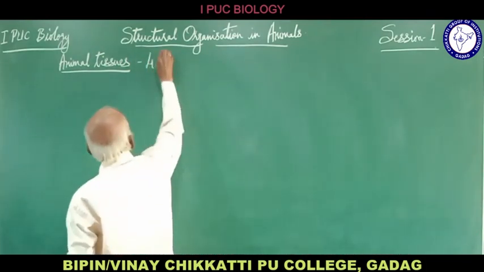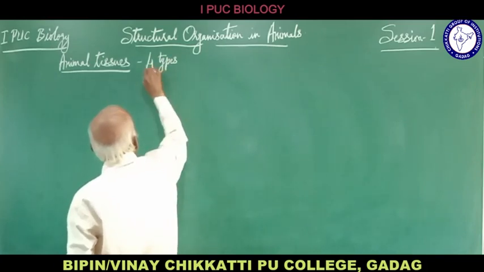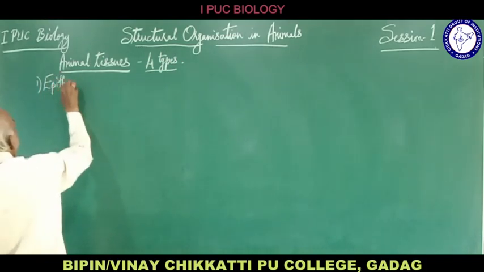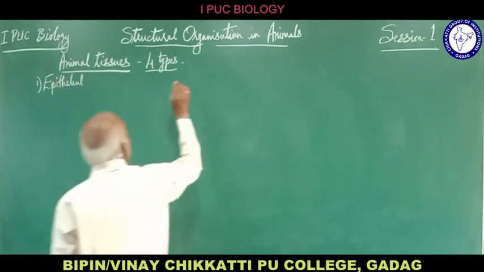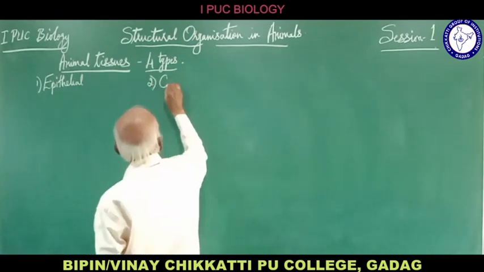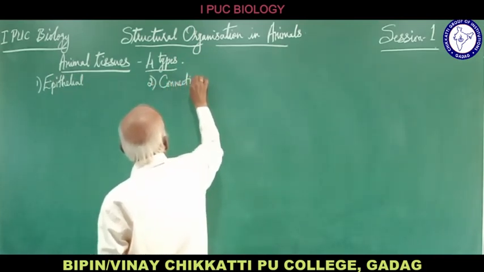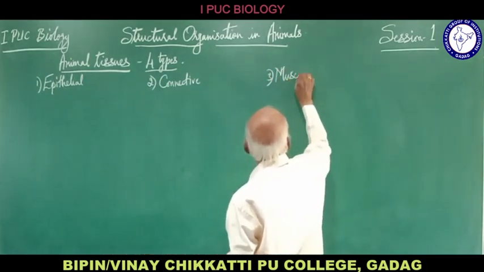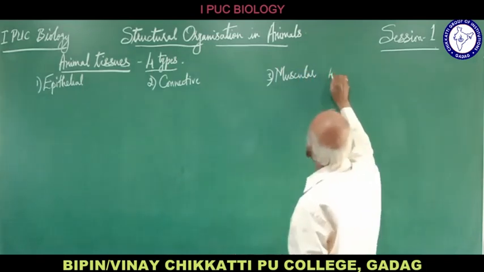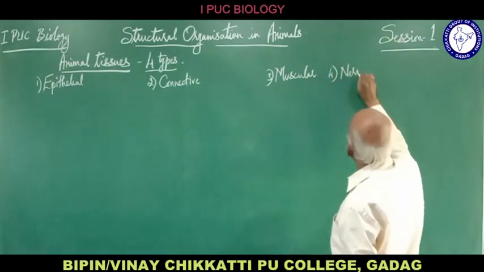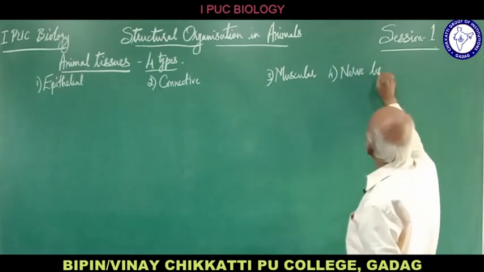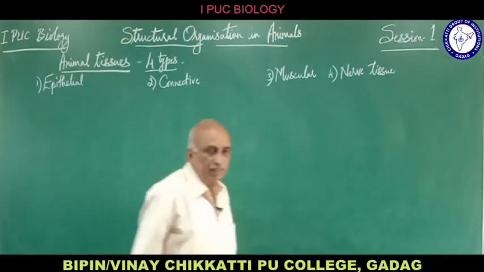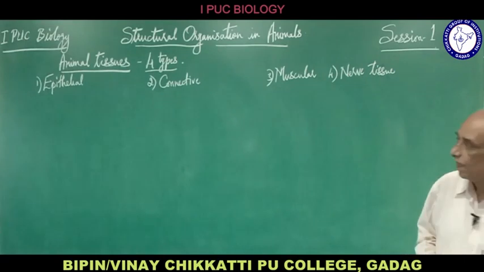So these 4 types of animal tissues are: one is epithelial tissue, then second one is connective tissue, then the third one is muscular tissue, and fourth one is the nerve tissue or nervous tissue.